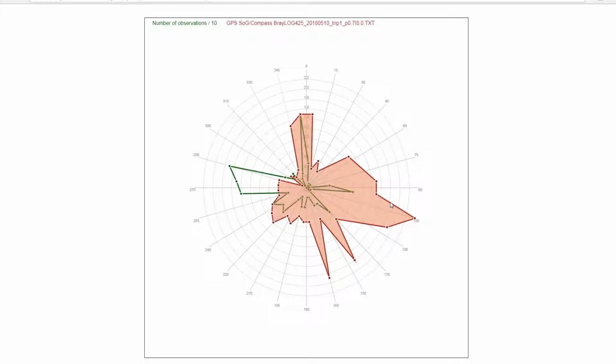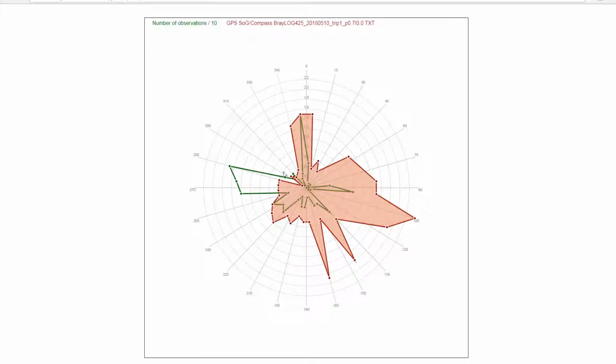And we expect that if the boat is pointing directly into the wind, the speed over ground will be minimal. So if we just follow this round and look for the minimum, it happens to be there, which is, by an amazing chance, at 300 degrees. So that technique also works, but it's somewhat slower because we're only taking a GPS reading once every 10 seconds.